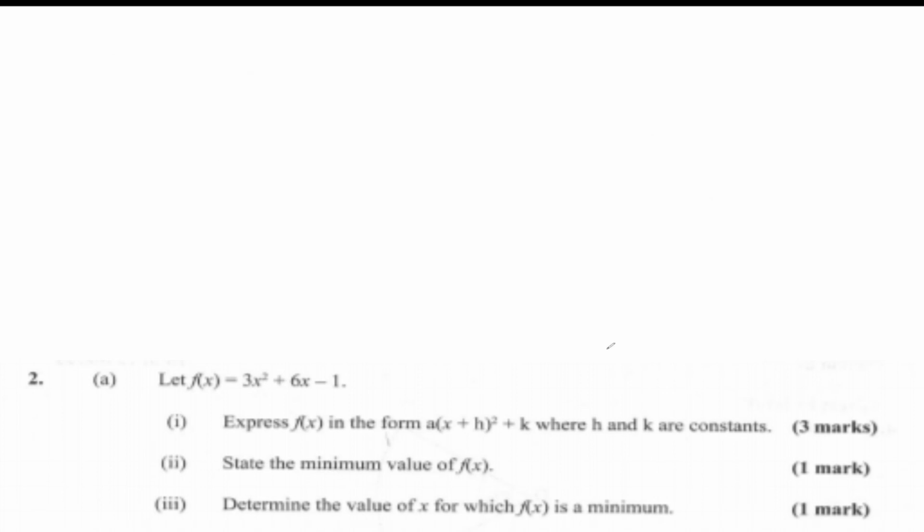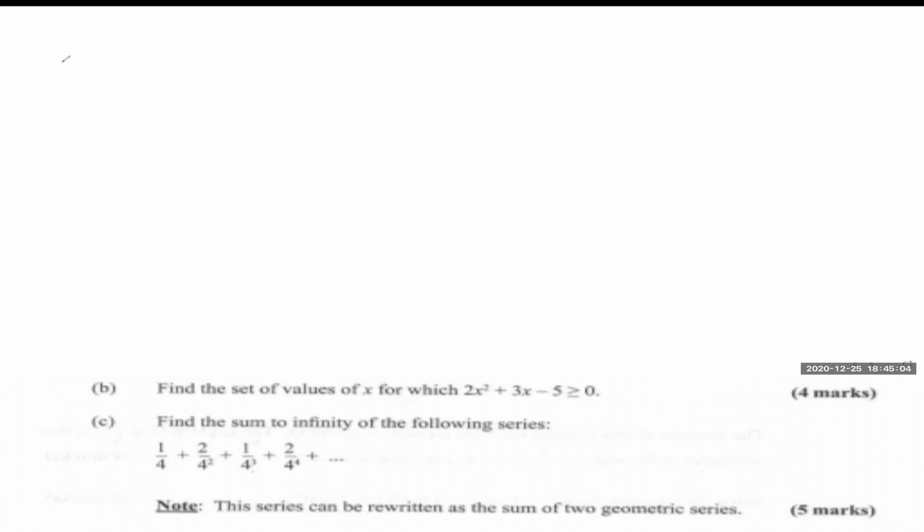Now part B, actually. Part B says find the set of values for x for which 2x squared plus 3x minus 5 is greater than or equal to 0.